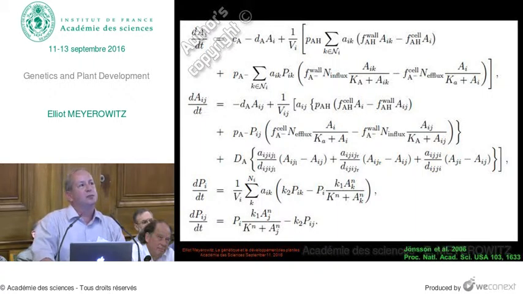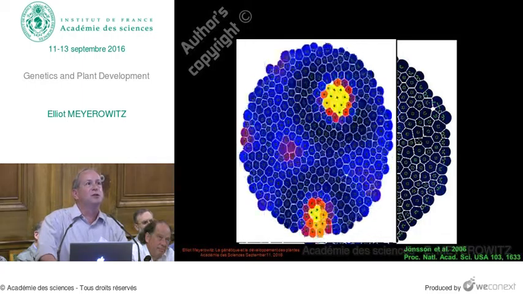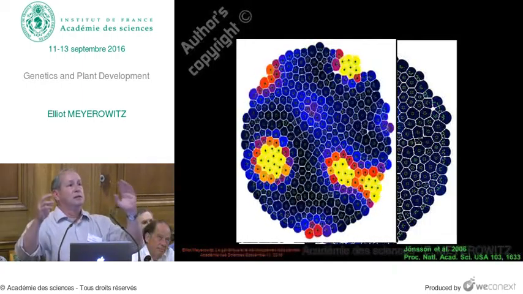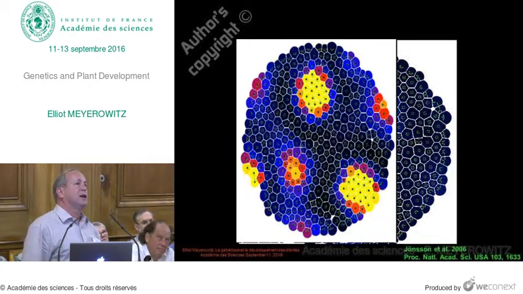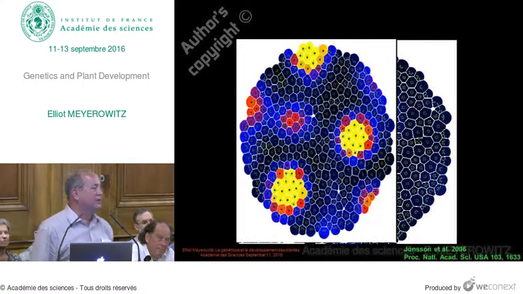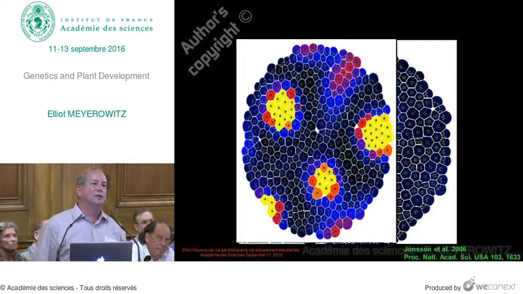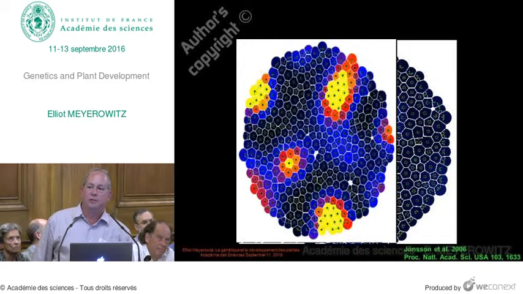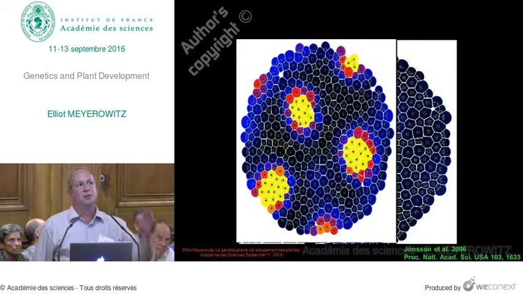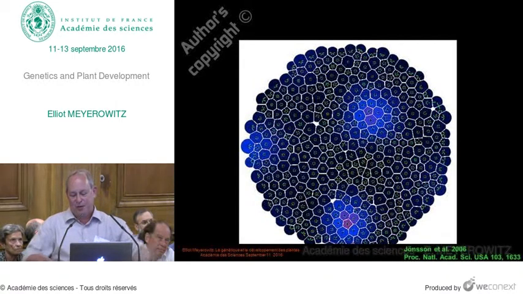And if we take these and put them in our computer in a simplified model of dividing cells in the meristem, we get exactly the spiral phyllotactic pattern and exactly the concentration changes in auxin that we see in our movies. And so now we're at a different level of understanding, and this is the model before we added mechanical force.